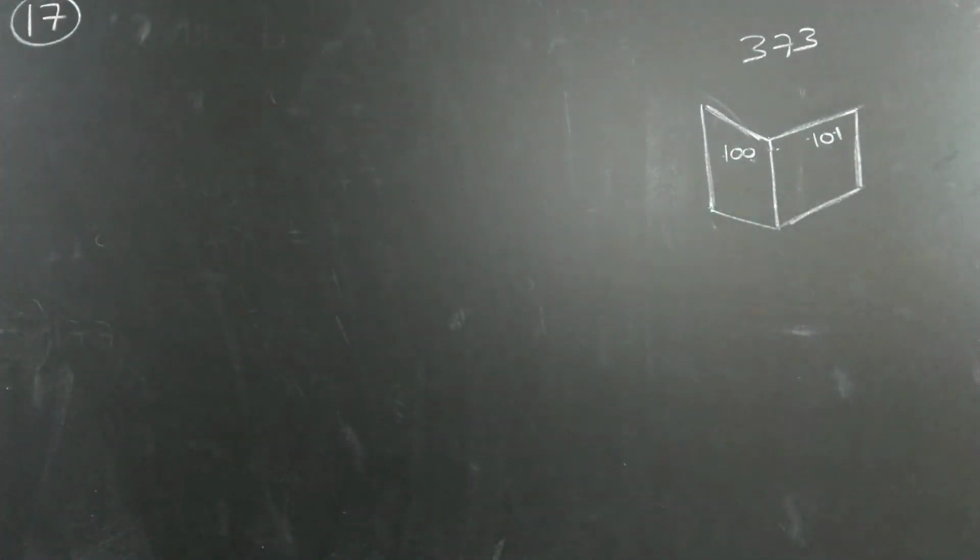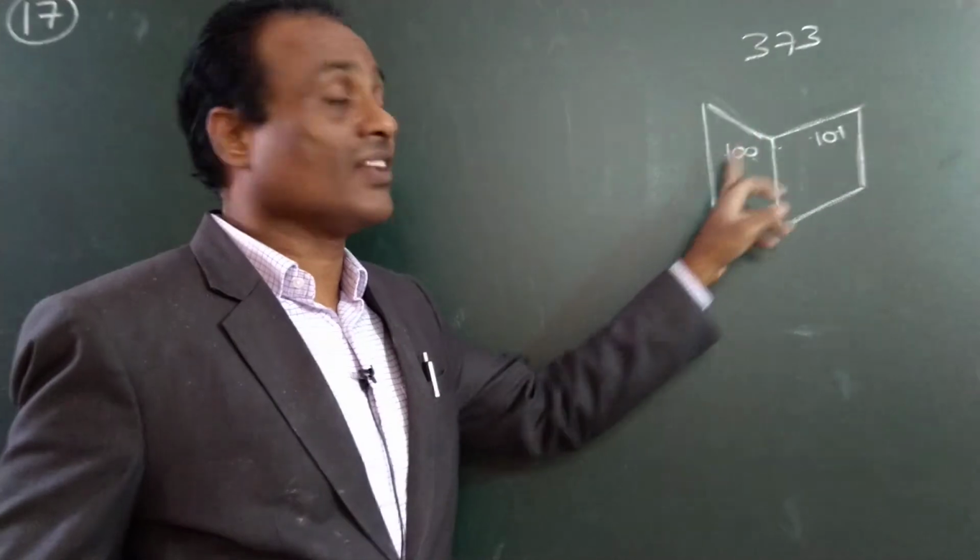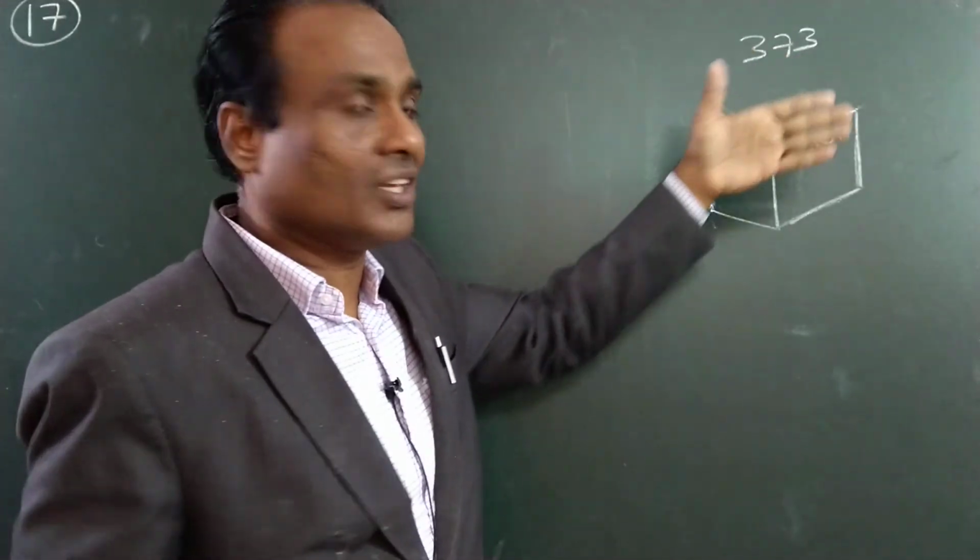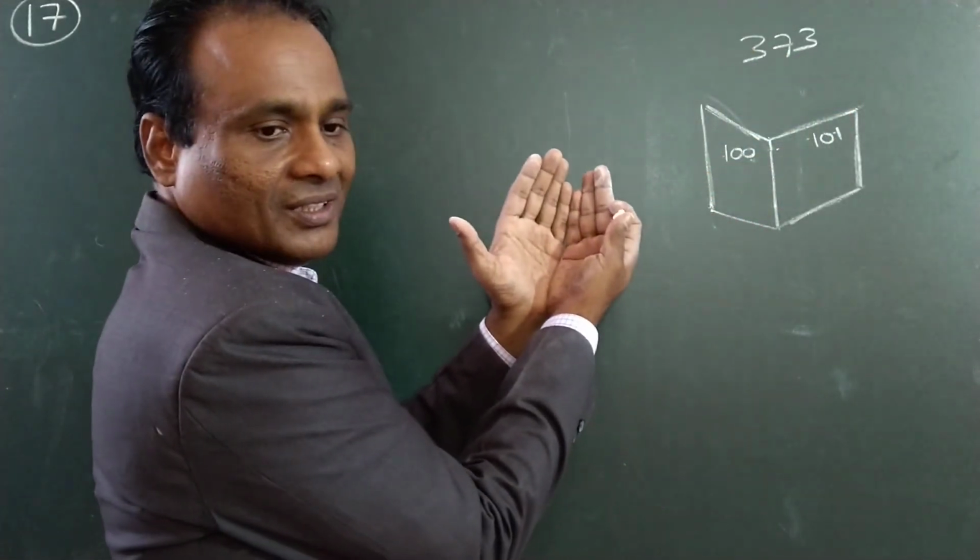The sum of the page numbers is 373. What should the page numbers be? You open the book.